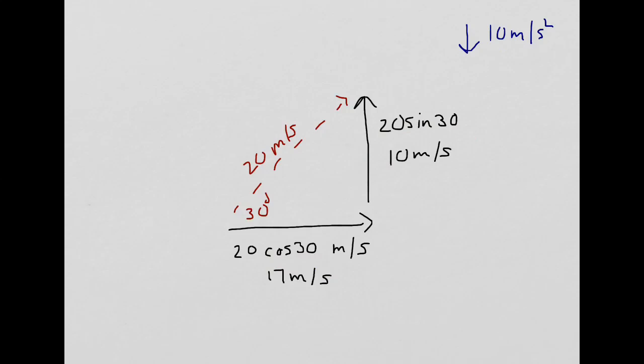Okay, so really the only reason why the ball hits the ground is because of gravity, and the time at which it hits the ground is dependent on the vertical component of the velocity, not the horizontal component. Okay, so if we want to figure out how long the ball is in the air, we need to take into consideration the vertical component and gravity, not the horizontal component.